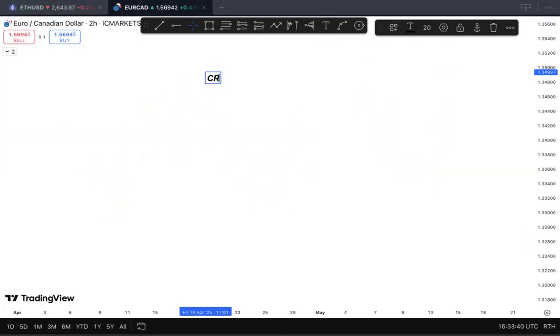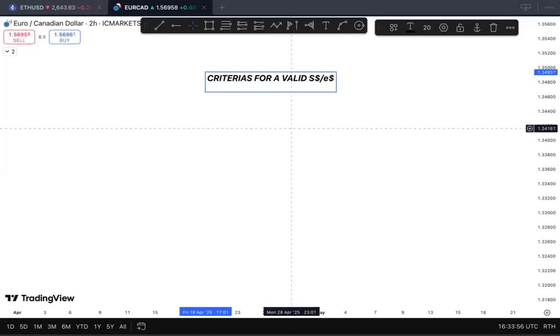Criteria for a valid structural liquidity or engineered liquidity. Okay. Number one criteria is it must be A or V shaped.